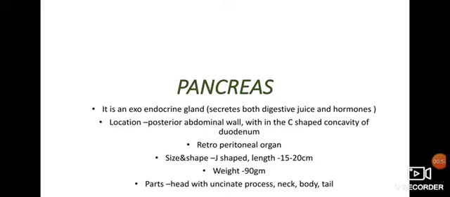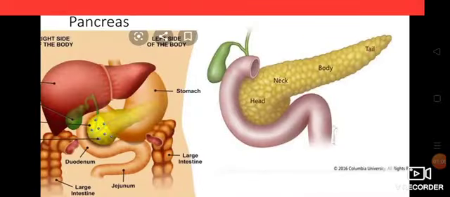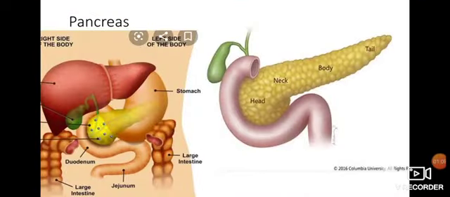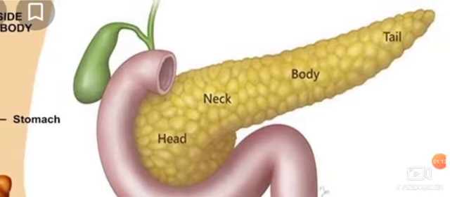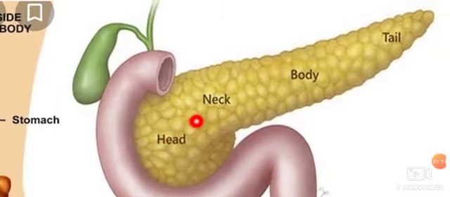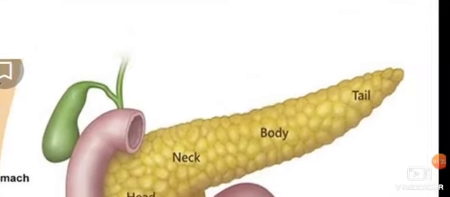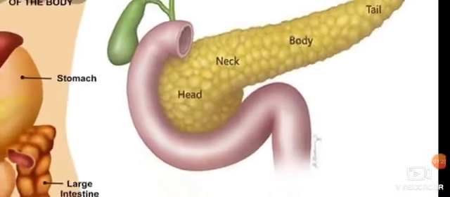Regarding the parts of the pancreas, it consists of a head with uncinate process, a neck, a body and a tail. Here in this picture, this is the head region, this is the neck region, this is the body and the tail. And we know this is present within the concavity of the duodenum.